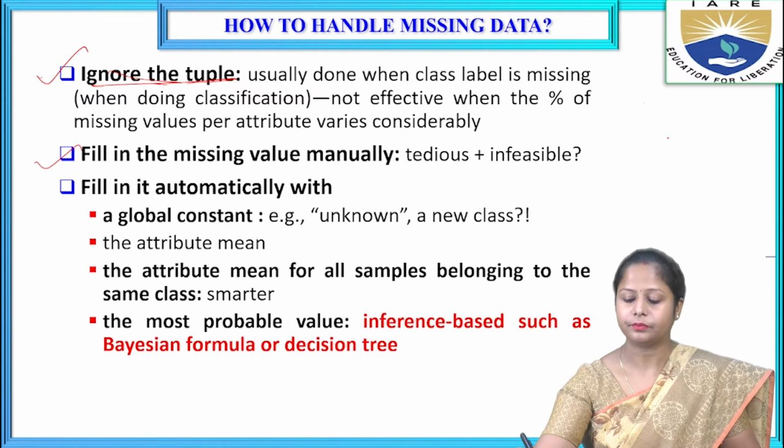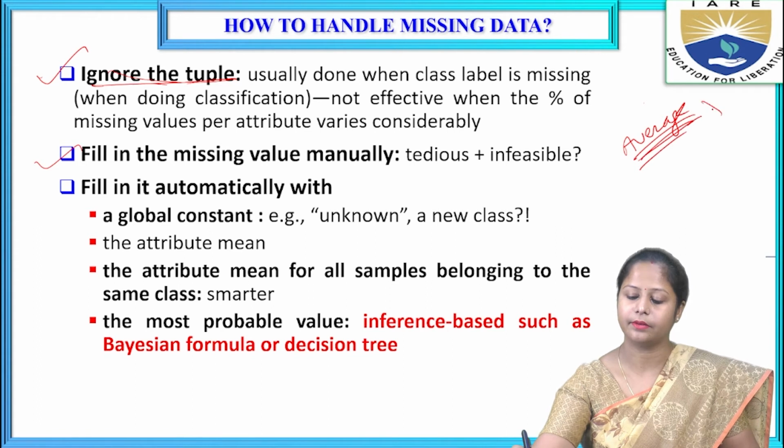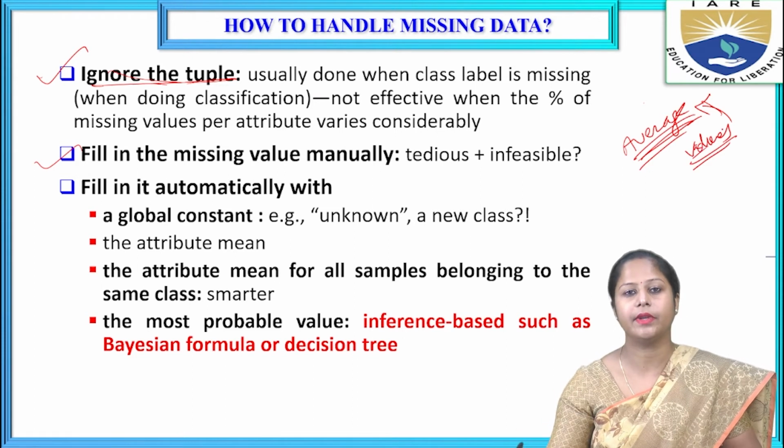What will we do? For example, there is the average method. We can take the average of all the records, and then fill the missing value with the average of that value, if a missing value is there.